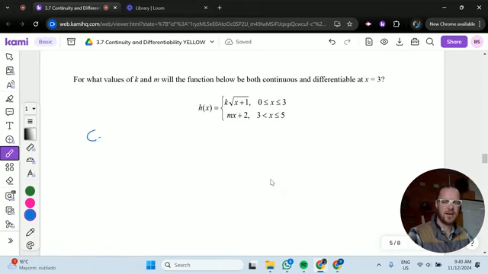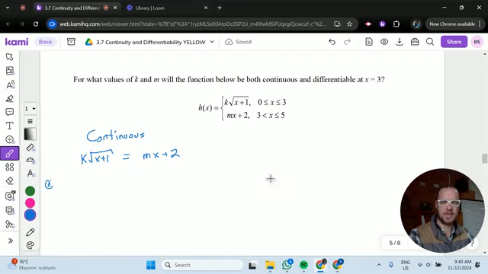Ouch. All right, well, let's first check continuity. So is it continuous? Well, we're going to force it to be continuous. So we already know that it exists at 3 because, quite frankly, there's an equal sign here. So all we need to do really is make the limit equal. So we need to make that left side and right side equal, right? So we have k times the square root of x plus 1, we're not even going to question mark it because we're forcing it this time, equals mx plus 2.